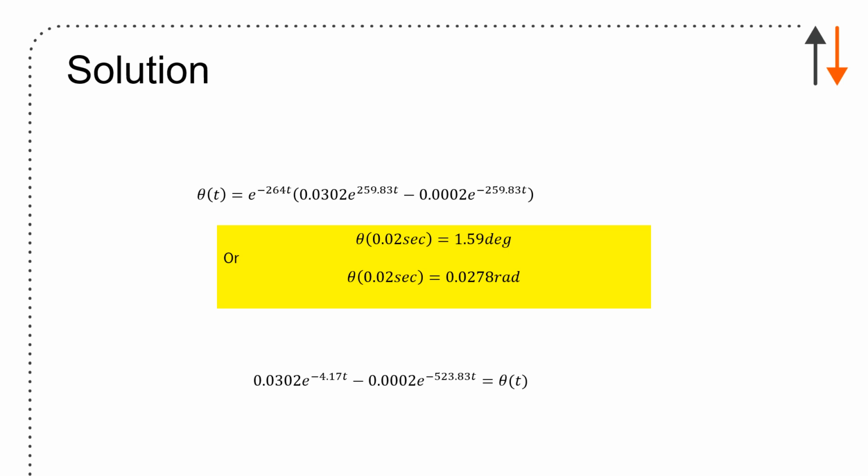There you go. There's the solution if I'd just been a little bit more clever. At t equals 0.02 seconds, I have 1.59 degrees, and that's equivalent to 0.028 rads.